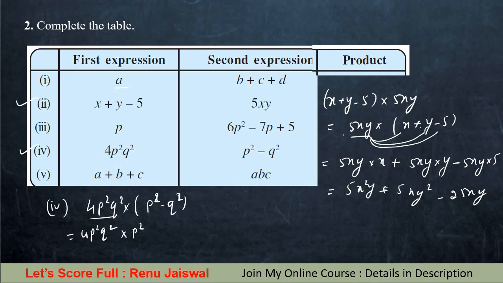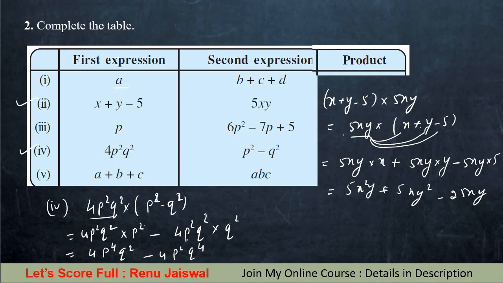And that is 4p square q square into p square plus, minus minus, 4p square q square into q square. What will happen? Here no other coefficients, only 4. P square and p square, base same, power add, and then q square. Again 4, p square, q square and q square, q raised to 4. So this is our answer.